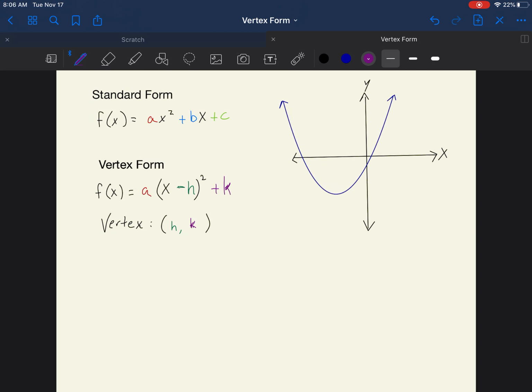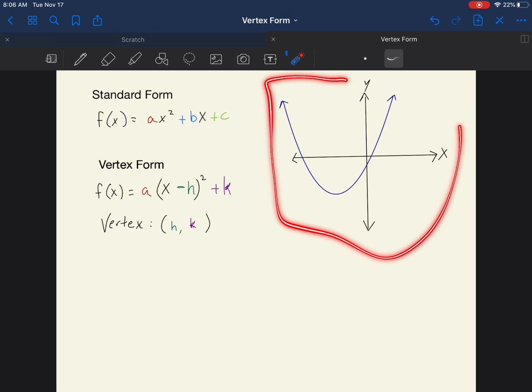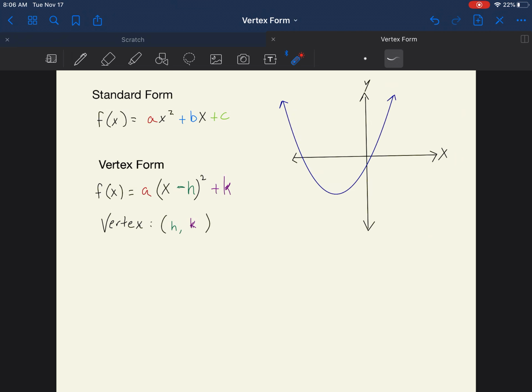So if I look over at this parabola that I have graphed over here, this is just a general quadratic. There's no specific rhyme or reason to it. We know our a would be positive because it faces upwards, right? It's opening up. Our x-intercepts would be here, and there would be our y-intercept. We learned about those the other day.